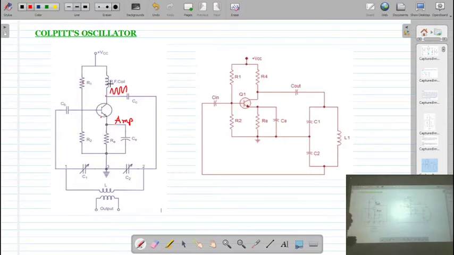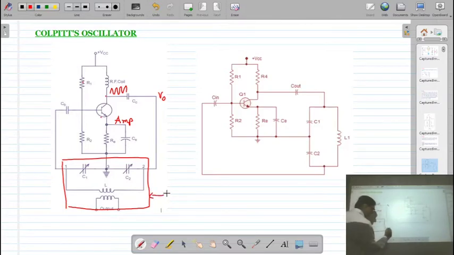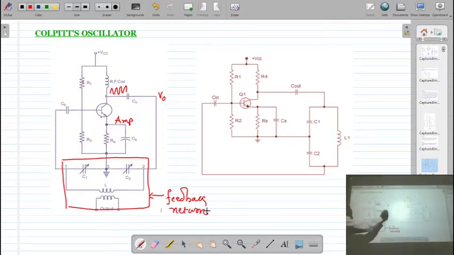Now if you look at this, this part is an amplifier, this is the output of the amplifier circuit, and this output is given to a feedback network here. This voltage is the input for the feedback network, and whatever voltage is produced at the output of this feedback network works as input for the amplifier circuit.